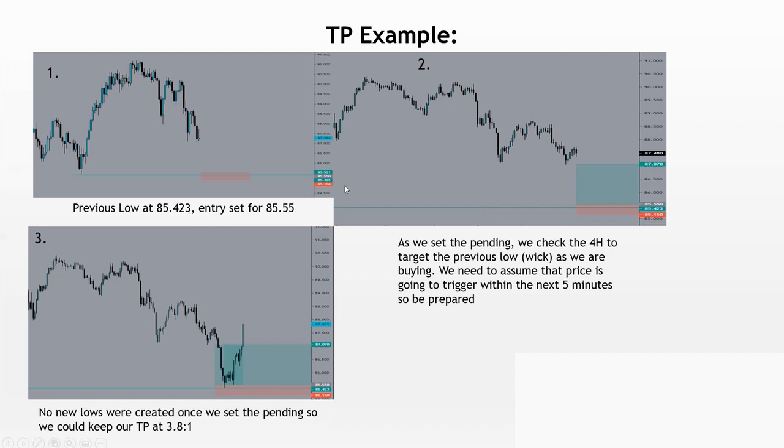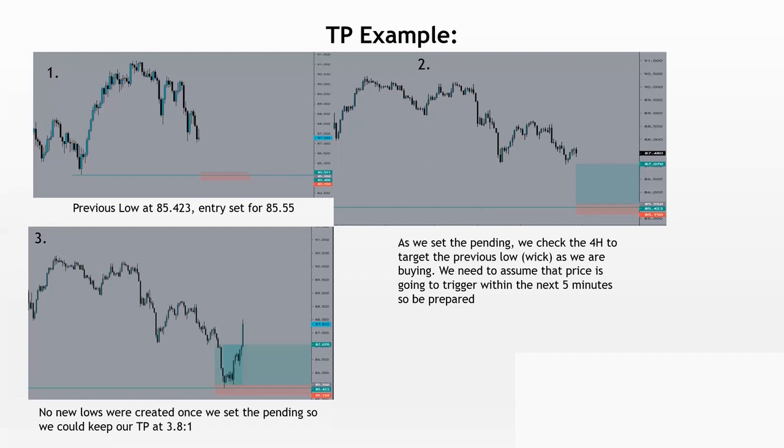Well, we're going to set the pending at 85.55 because if price comes down here, what is the first confluence price is going to hit? Is the first confluence going to be the round number, or is it going to be the wick? Well, if the round number is at 50 and the wick is at 40, that means that the round number is first.